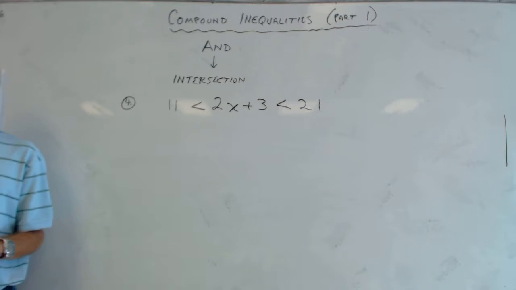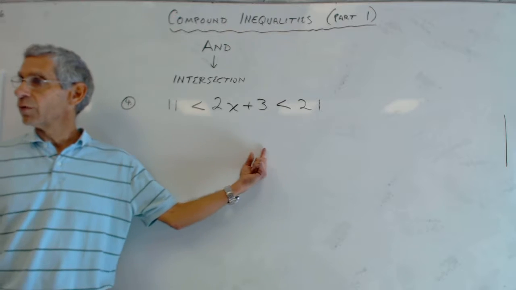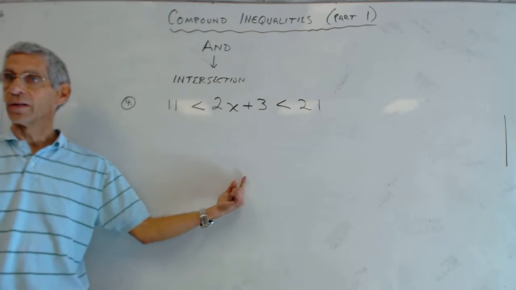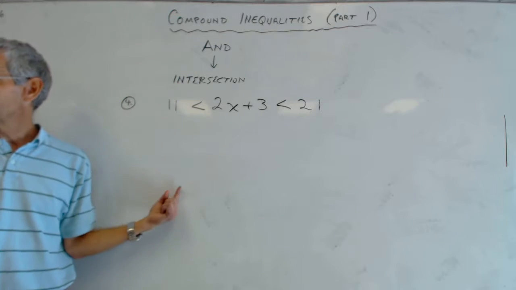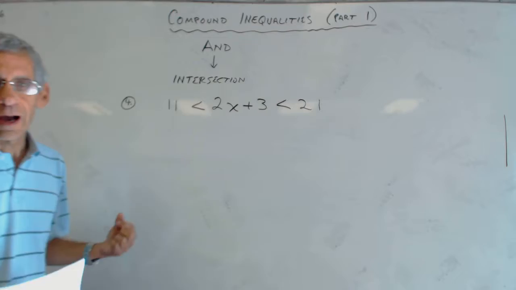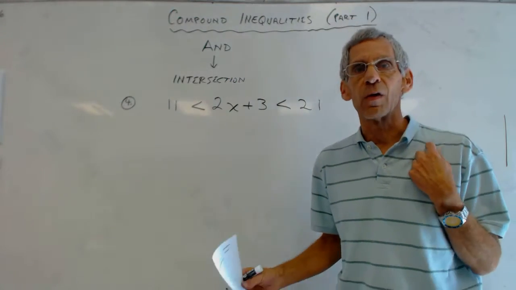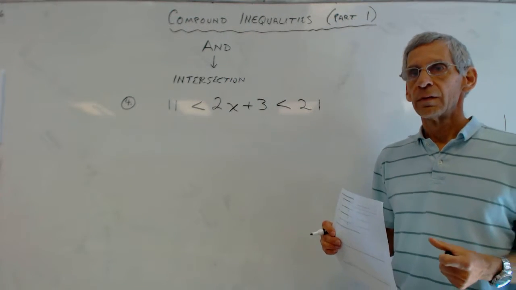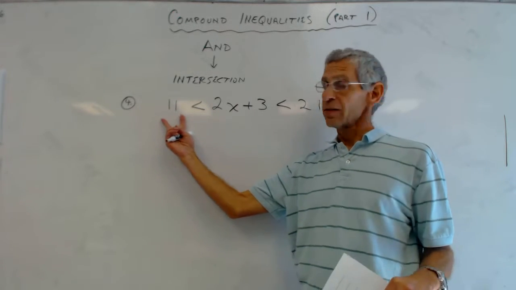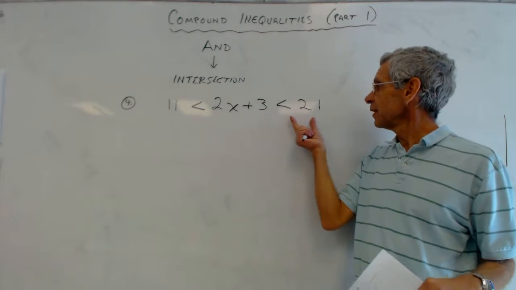With compound inequalities, you will often see them written like this if it's an and. You cannot write an or like this, but you can write an and like this. How many sides of this inequality are there? 3, right? There's this, and there's this.